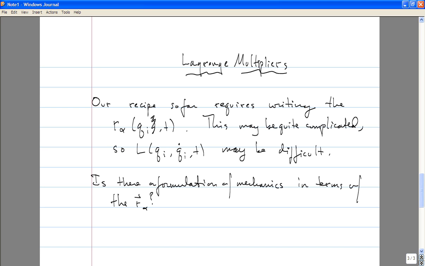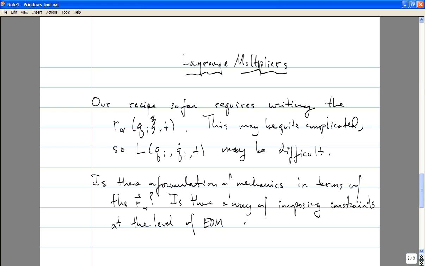Okay, there we go. But now what we would like to ask is, is there a way of imposing the constraints directly at the level of the equations of motion, rather than at the level of the action?